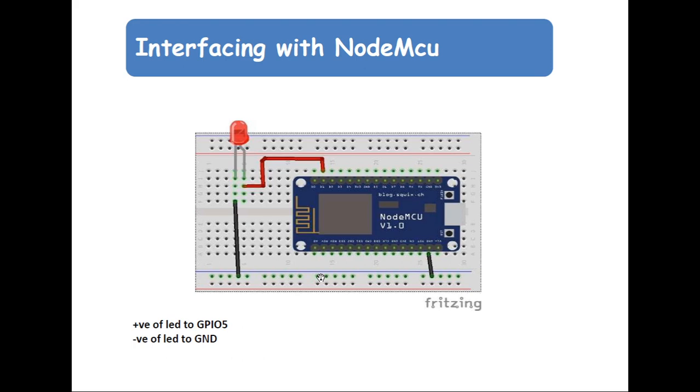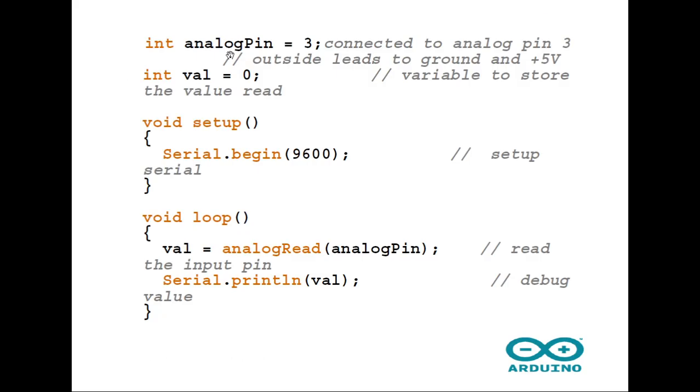Okay, here we have a simple code where the integer is an analog pin number, where I'm defining this pin number as 3. If you want, you can represent it as D1. So the D1 pin will be represented as the analog pin here, and the integer value is written as 0.